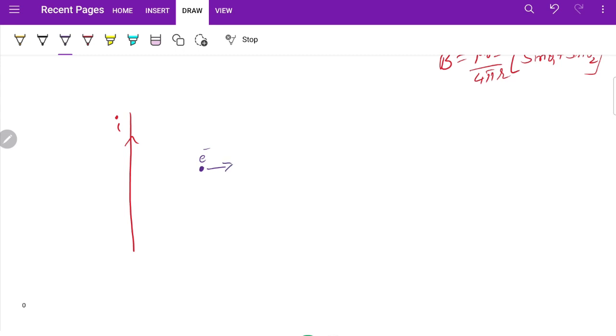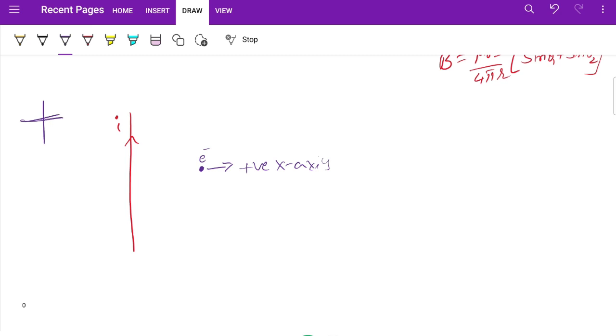That means, for example, if we consider the whole scenario in XYZ axes, our conductor is carrying current in the Y direction. Now the electron is moving in the positive X axis direction. So what happens in this situation? What is the behavior? Will there be any force acting on the particle?